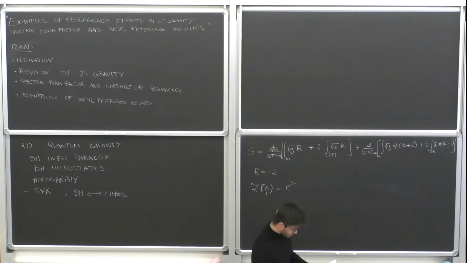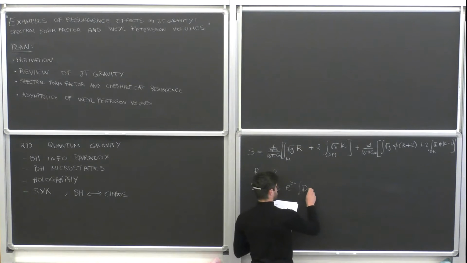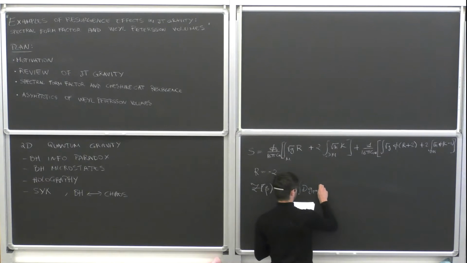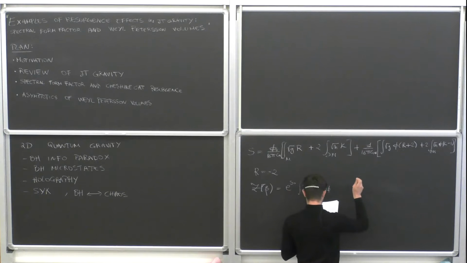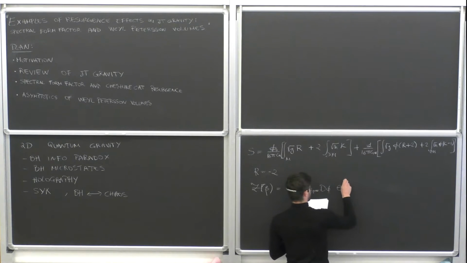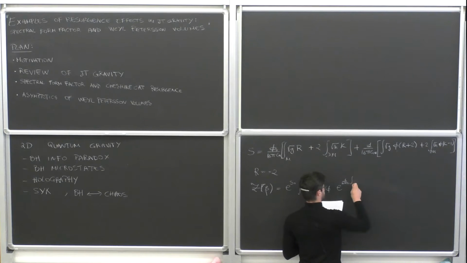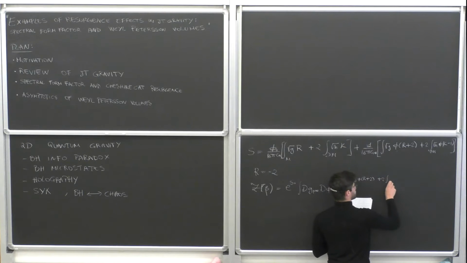Let me write it down. We basically have to path integrate over the fields that we have, so the metric and the dilaton. And here we have e to the 1/16 pi G times this action that I've written up here, plus 2 times the boundary term.